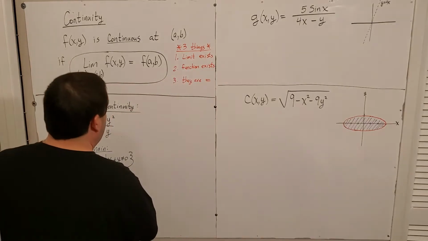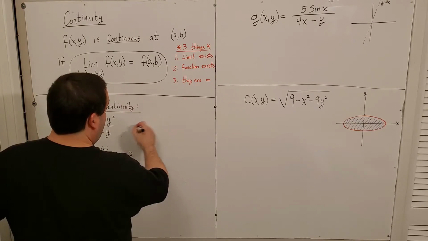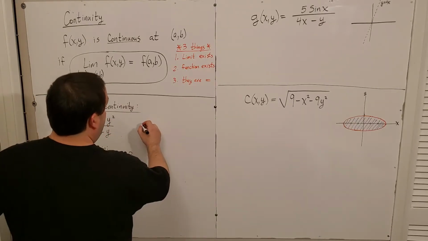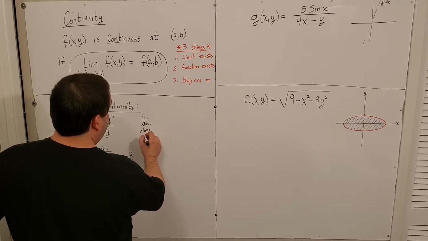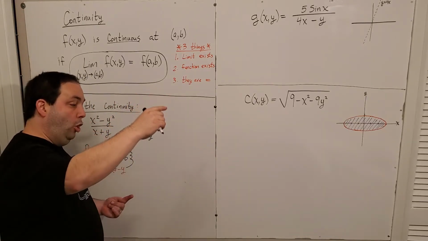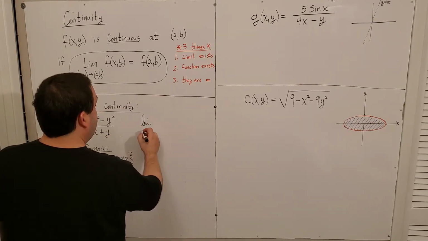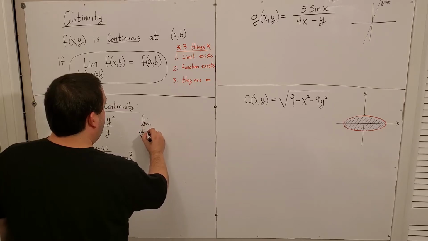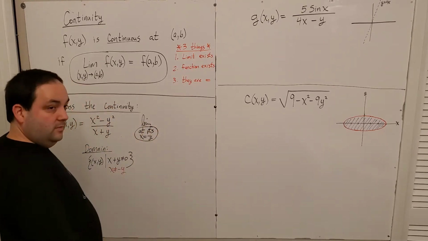I can actually do the limit along that line. I hate to say along x equals negative y, because technically it's not along the line, but the limits at points on x equals negative y, right?